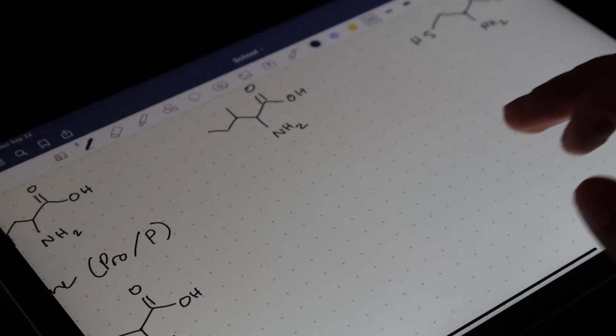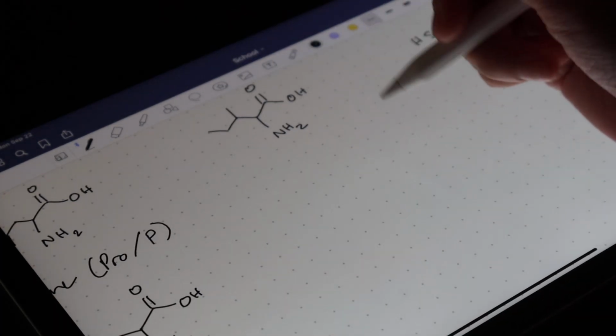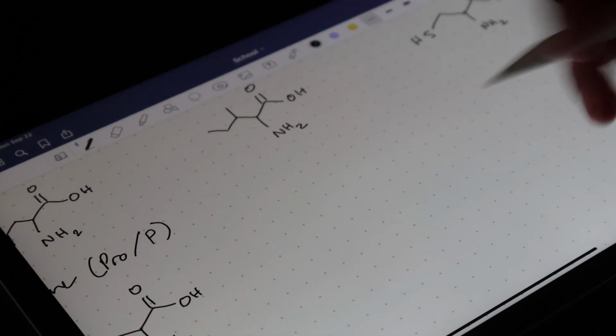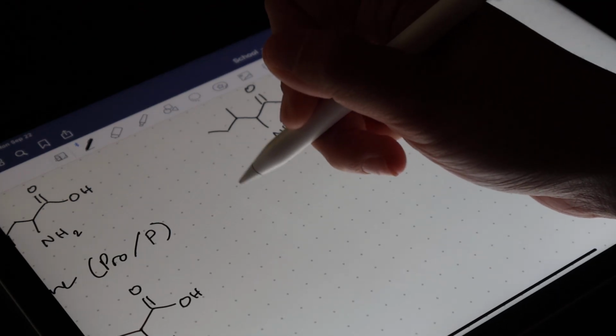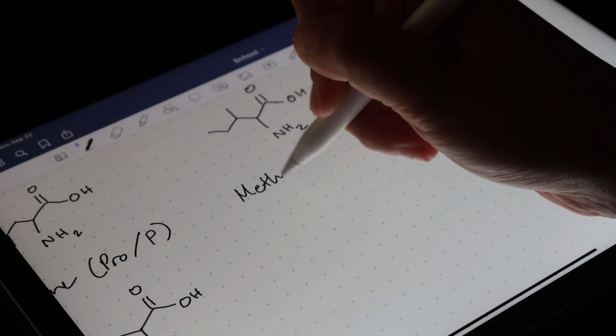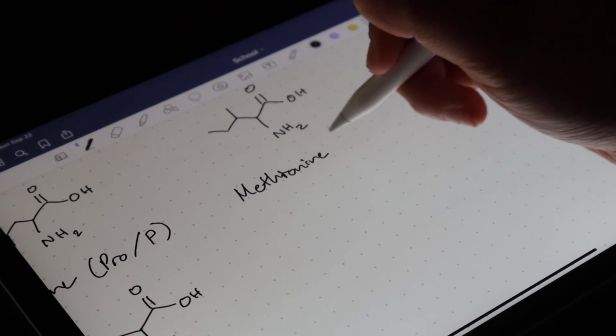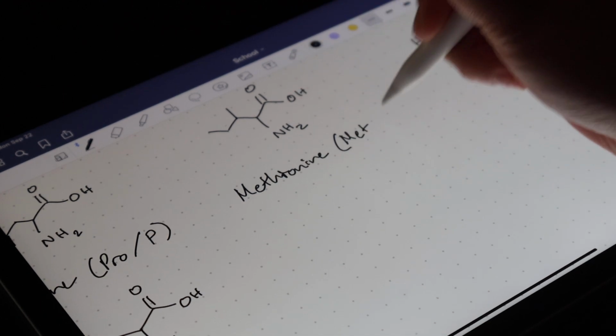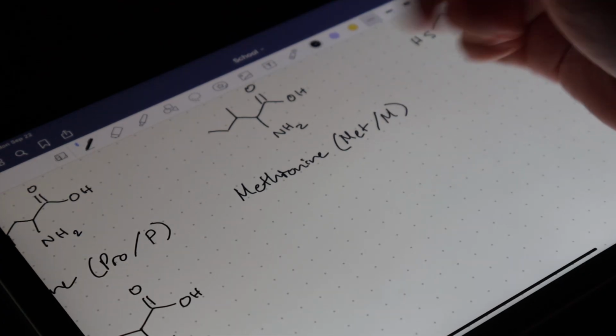So then we have, this one's more similar to cysteine actually, but we have methionine, MET and M, pretty intuitive.